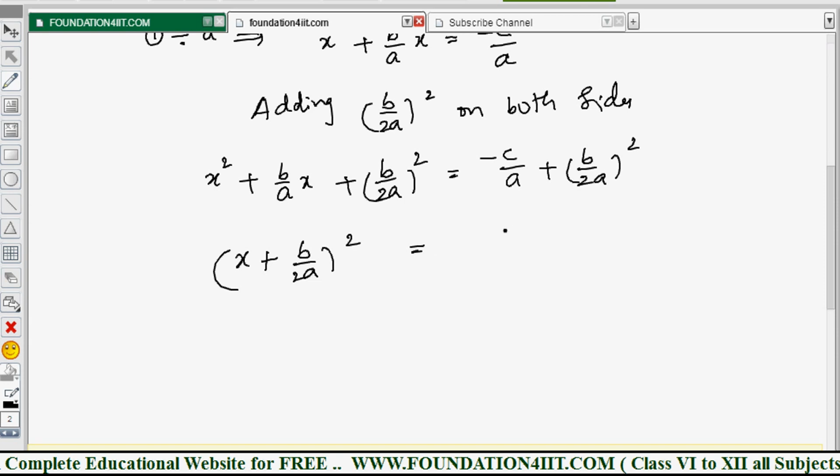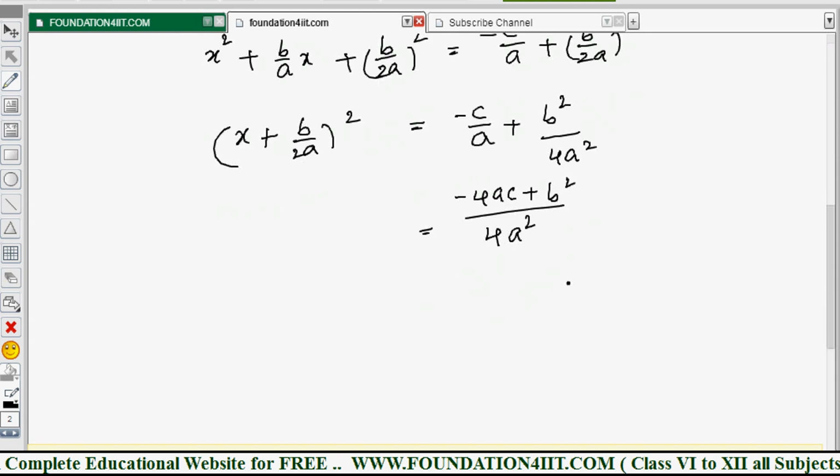And this side you can do the LCM. If you simplify the entire thing, you can make it minus c by a plus b square by 2a whole square, that is 4a square. Then 4a square is the LCM, a more 4a, so into 4: minus 4ac plus b square.